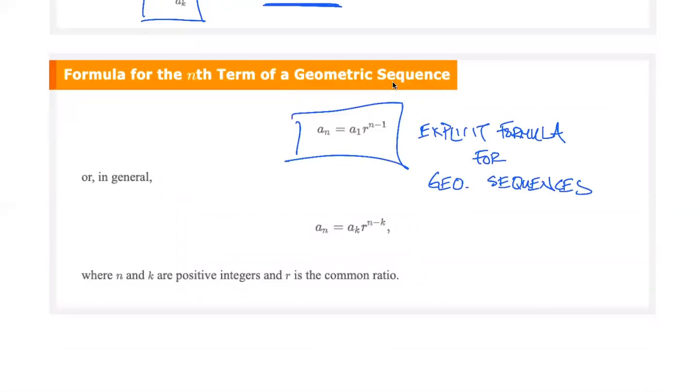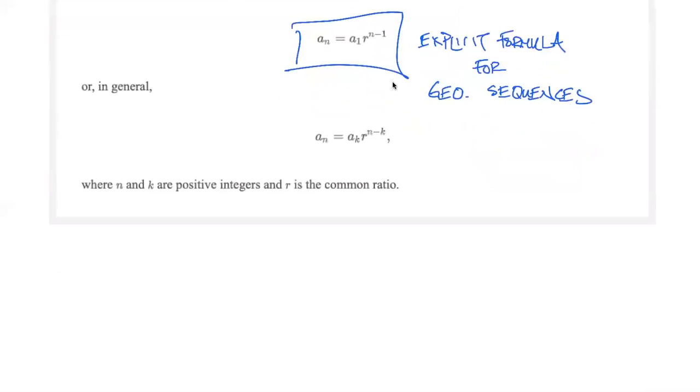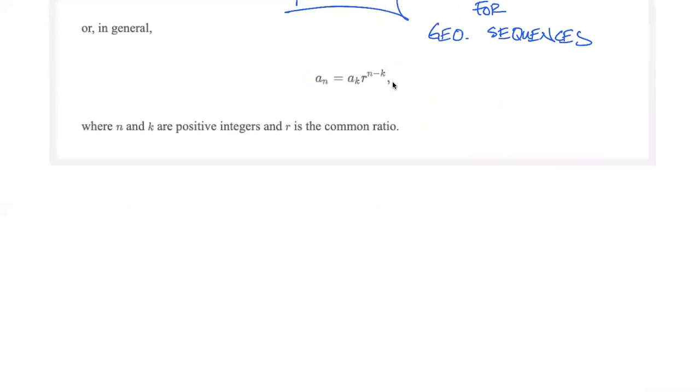The other one is good for reference. Okay. But all the things that we talked about before, the notation is still the same. A sub 1 is our first term. A sub n is any term.